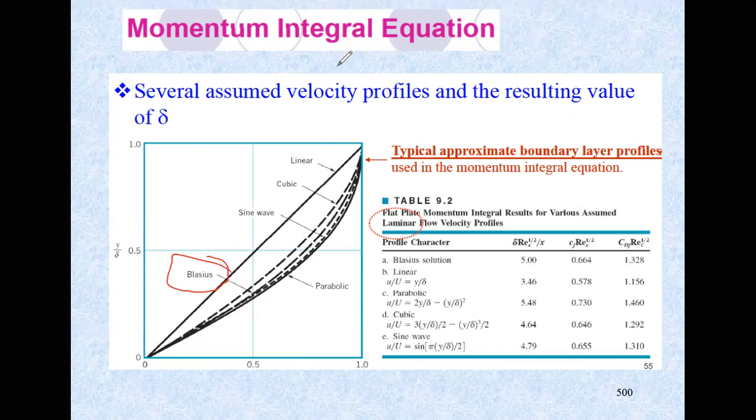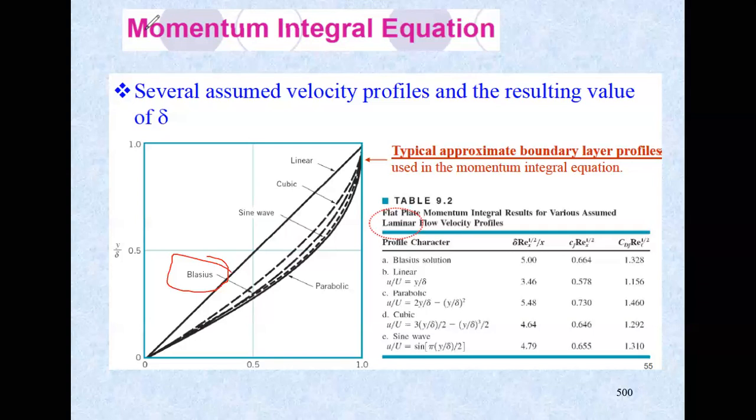But the momentum integral equation requires you to have the velocity profile. So although it gives you more flexibility in applying the solution to laminar and turbulent flow or different profile geometry, it's not actually a complete solution, because now you have the question of what the velocity profile is.